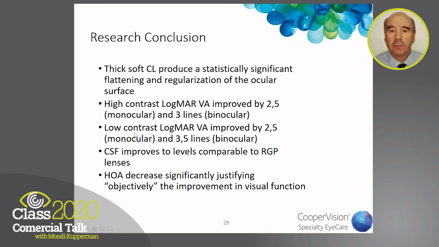In low contrast, 2.5 monocular and 3.5 binocular. Ocular higher order aberrations decrease significantly, justifying objectively the improvement of visual function. So if we take this and put it on this information, we say that one caused the other. So reduced higher order aberration improves the contrast sensitivity.